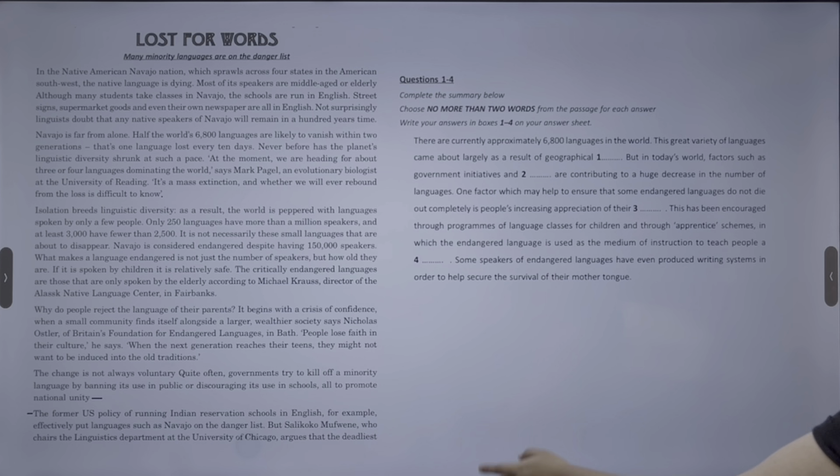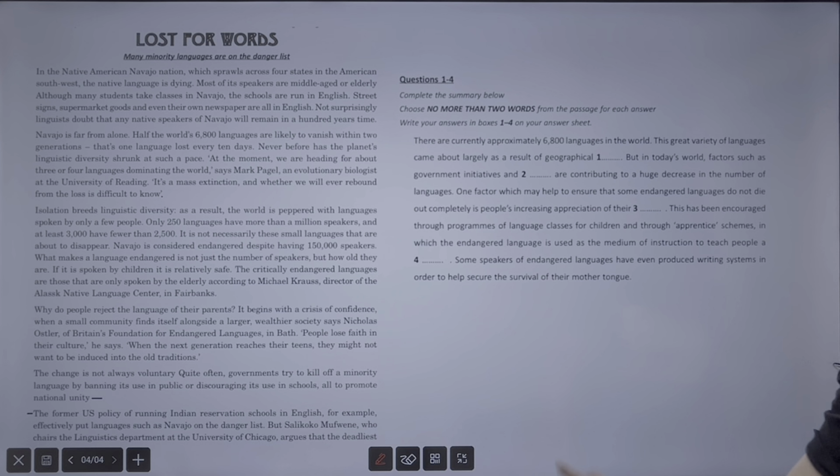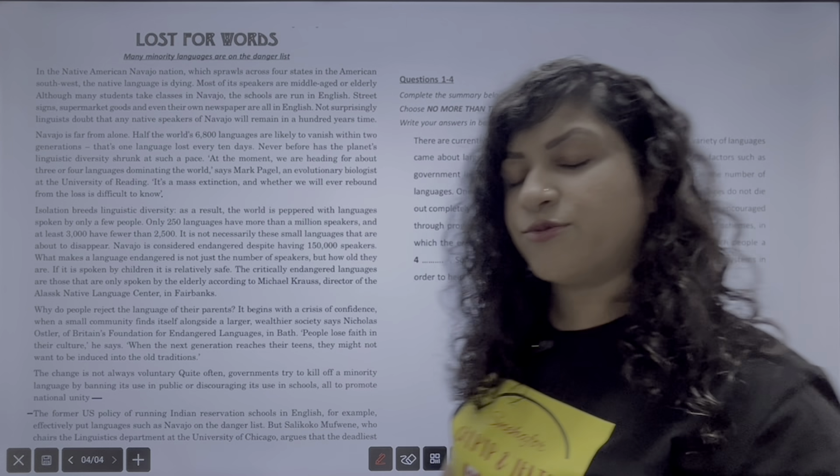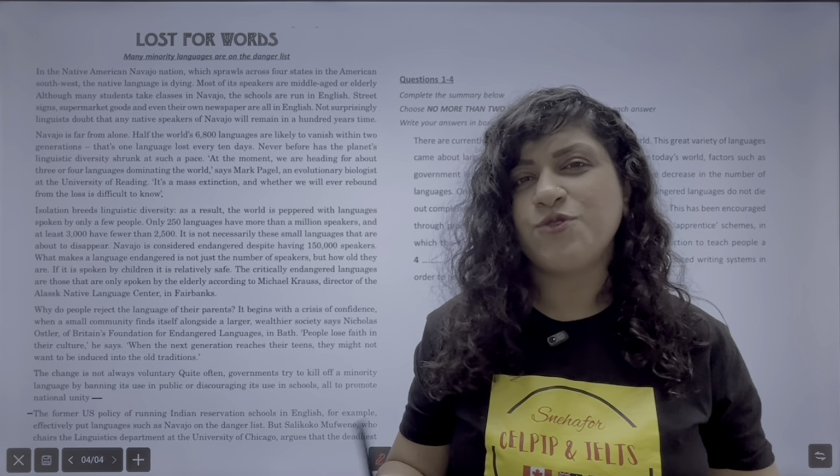Now, you know that we already have paucity of time in this examination. We do not have, I would say, many minutes actually when it comes to solving these reading questions, because you have 1 hour, and in that 1 hour, means 60 minutes, you have to solve 40 questions, right?